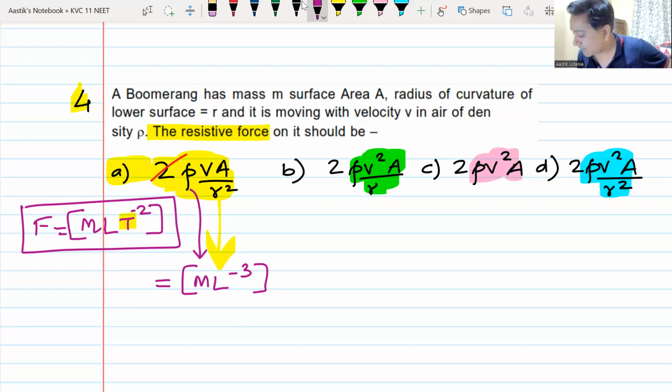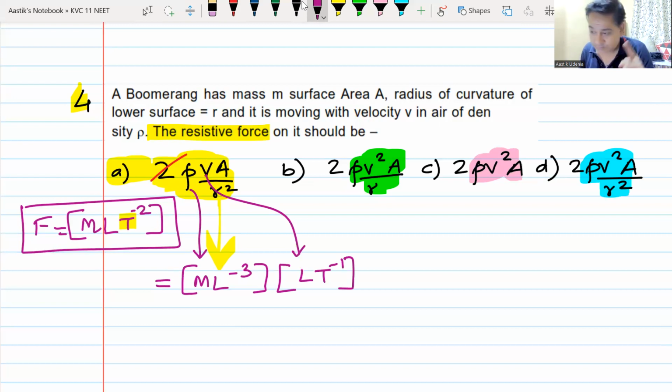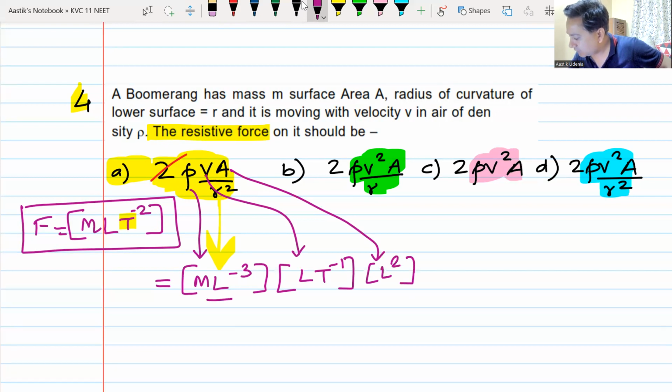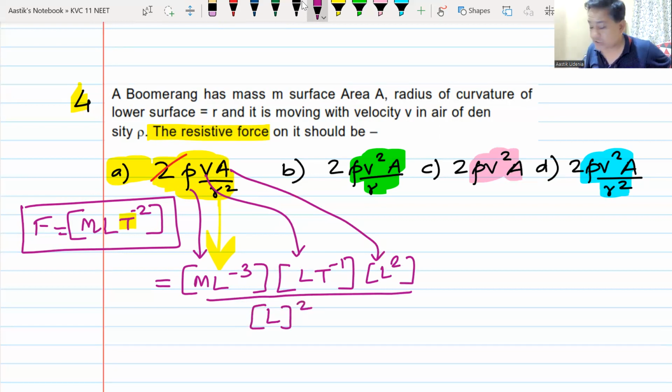I put the dimension of density over here, multiplied by the dimension of velocity. This is LT minus 1, whole squared? Option number 1 has only V, beta. So I will put only V, not V square. Then A is area. So it has the dimension of L square divided by R square, which has the dimension of L square. Now I can check the dimension on the right hand side with the dimension on the left hand side. Are they matching?